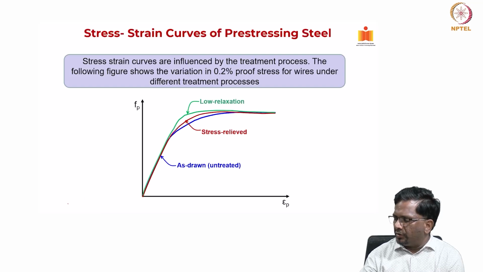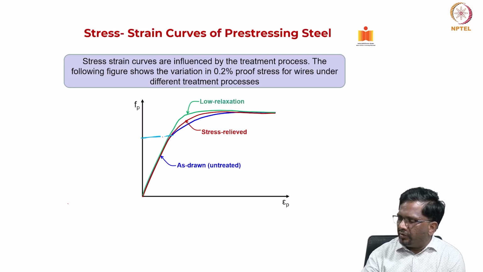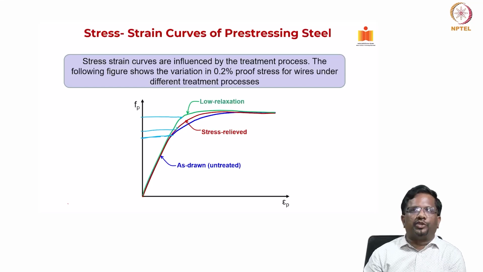If you look at the limit of proportionality for this case, you get only this, which is a lower value, right. But stress relieved is better, so it goes somewhere here, and for low relaxation it goes as high as here. So, what you see here is what we said, the limit of proportionality where it remains pretty much elastic.